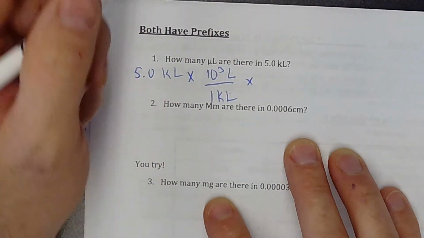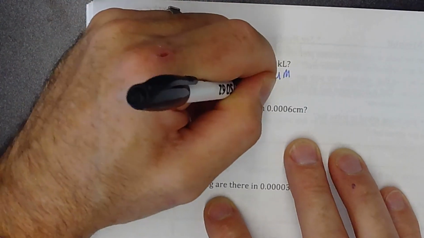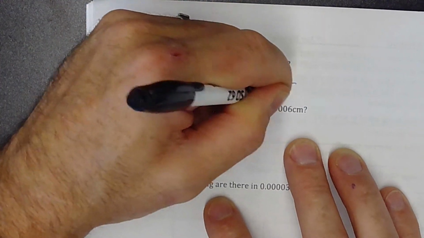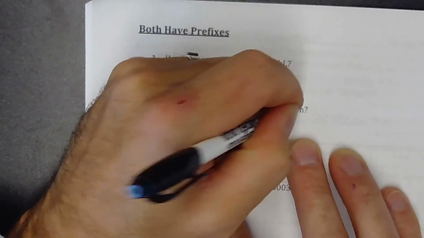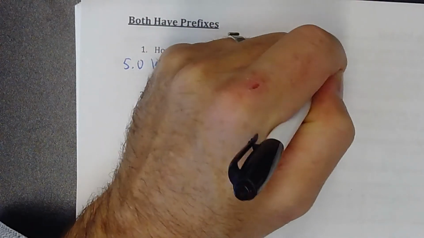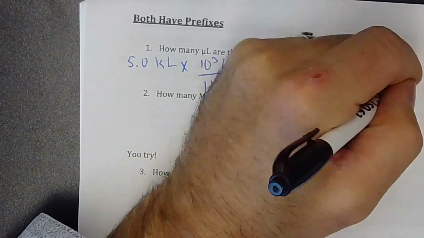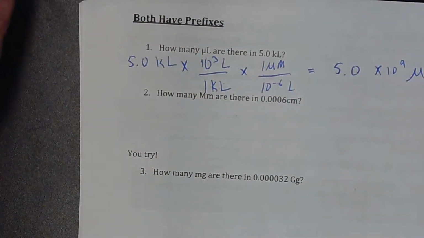And then liters to microliters: 1 microliter is 10 to the minus 6 liters. Put it in my calculator. 2 sig figs in the question, 2 sig figs in the answer. We got 5.0 times 10 to the 9 microliters.